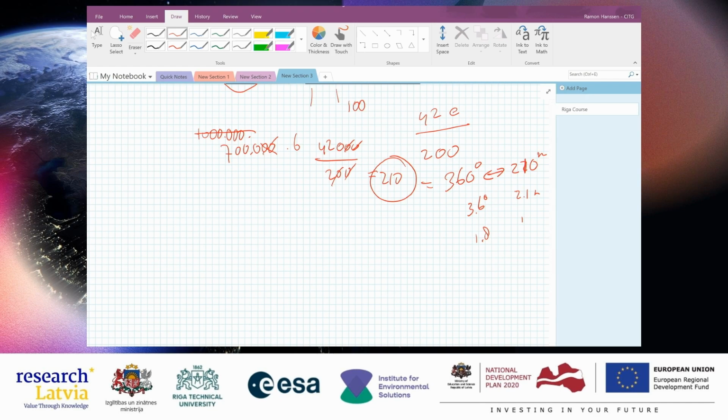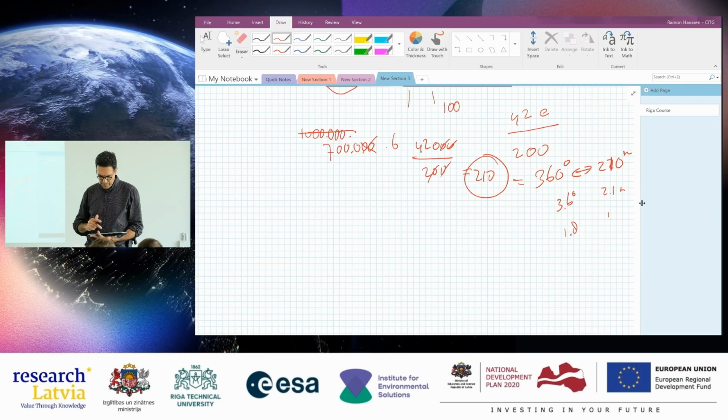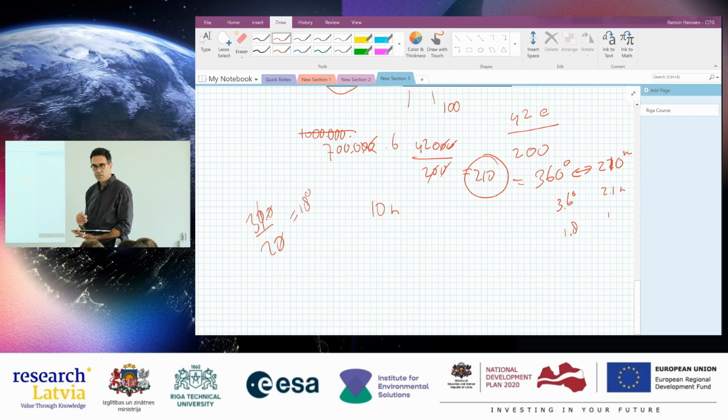Then you could look at the precision. Suppose that we have a sigma of 1 meter, and SRTM may have a sigma of, I don't know, maybe 10 meters or so. So if we have 10 meters, and 210 meters is the height ambiguity, so 21 is 1/10 of that. So this is 1/20th of a cycle. So that is 360 degrees divided by 20, so that is 18 degrees.